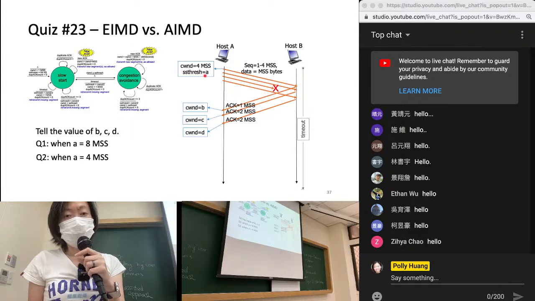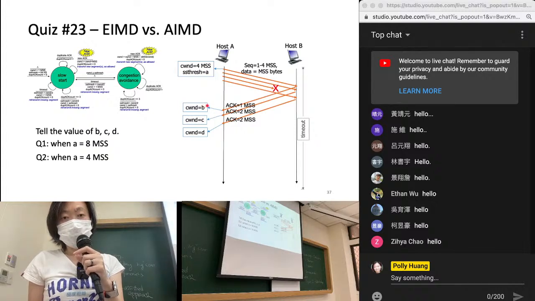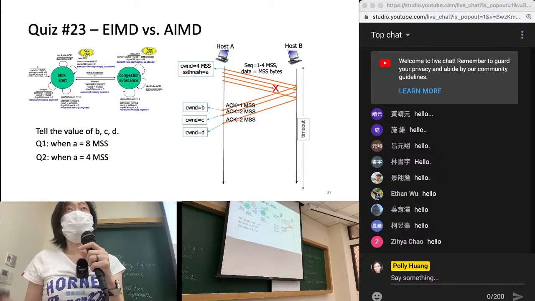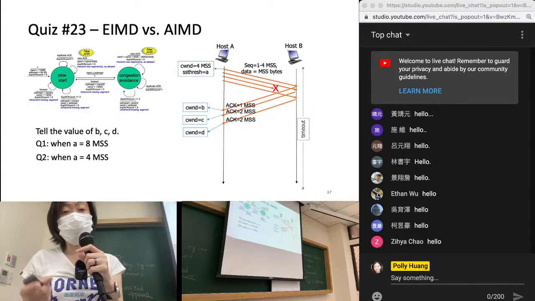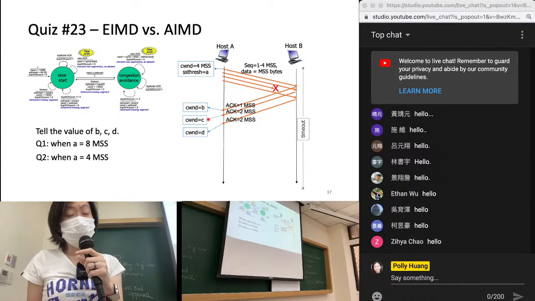Threshold, 8 MSS. Now, in Q1, assuming A being 8 MSS, there's no issue, no problem, right? Because B here is obviously going to be incremented by 1 because 4 is less than 8. So B will be 5, right? C will be 6.